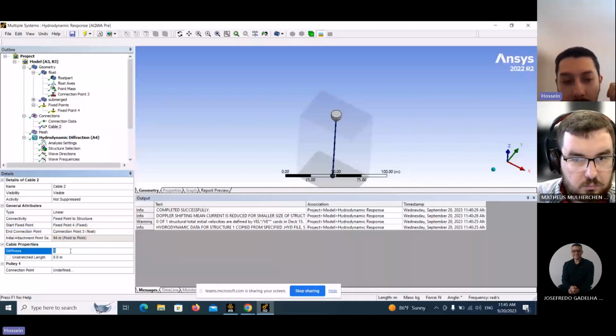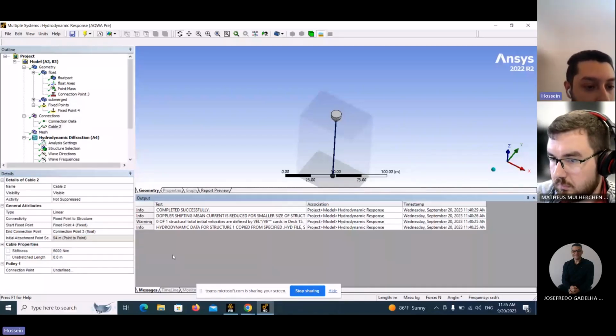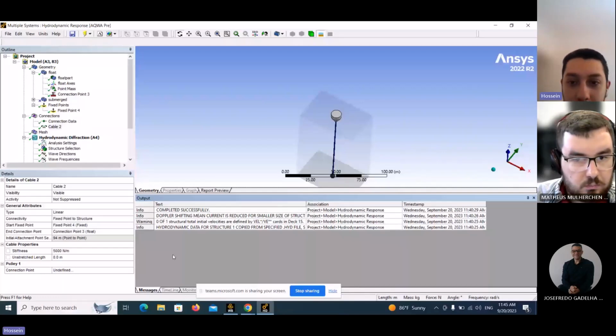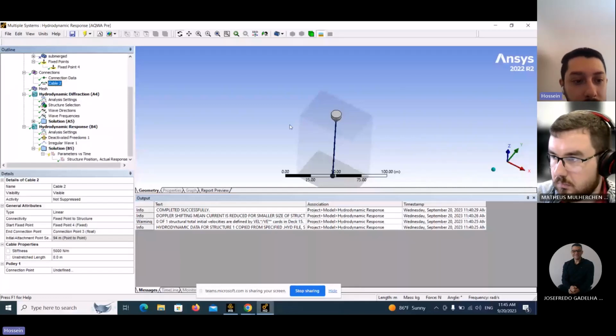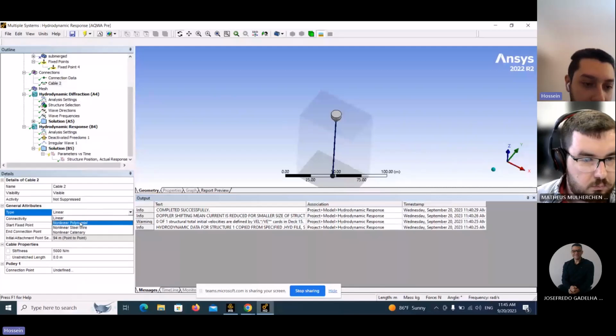And we assume to have a stiffness piece. Okay. Also, the type of cable that we modeled here is linear, but you can have other types of cables.